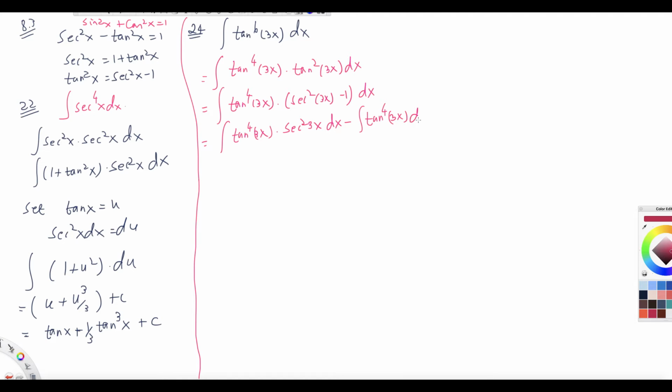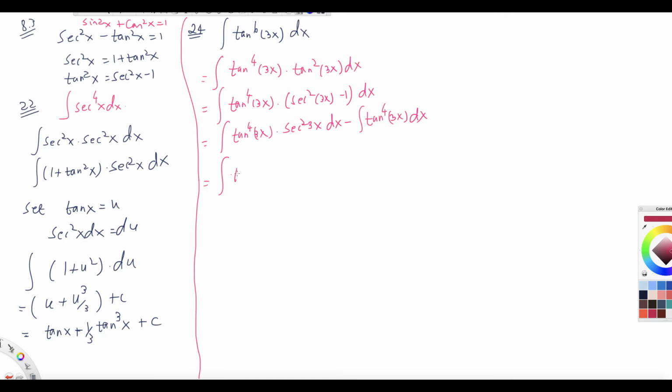What I did here is distribute tangent 4 3x to secant square 3x, and then minus tangent 4 3x times 1. You see that? So what is next then? I want to write that tangent 4 as tangent square and tangent square again, but here I want to keep that. Why? Because if I say tangent equals u, then secant square x dx will be du, right? So this first integral is okay.